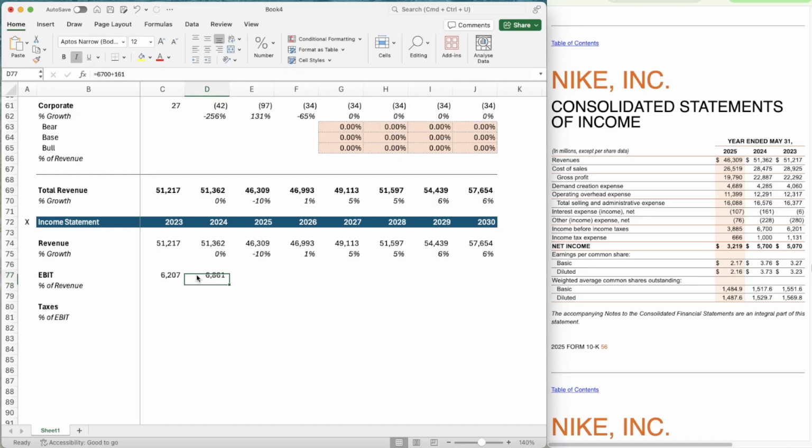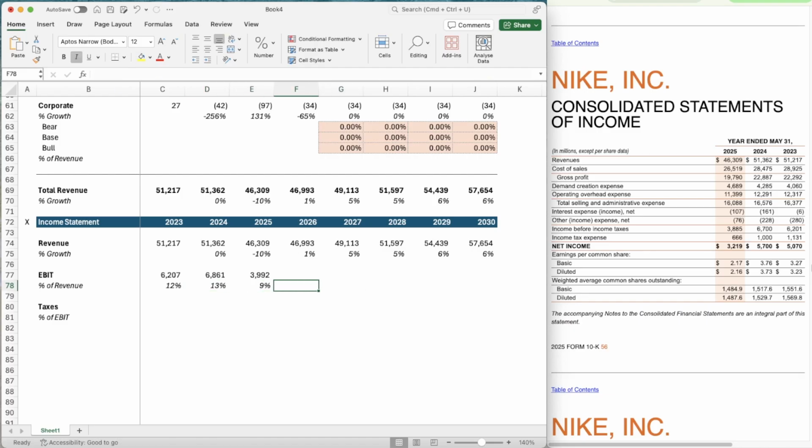Equals 161. Equals 3885 plus 107. And really, you can see here just how their margin has been really hurt over the last couple of years.